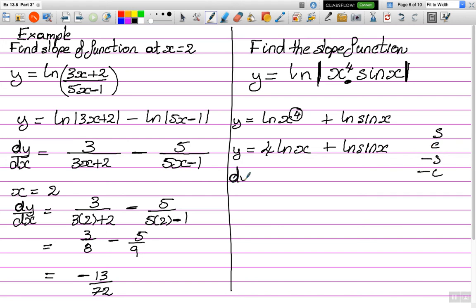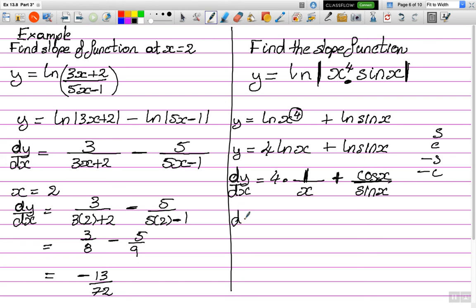Now I'm going to find the slope function, dy dx, and it's going to be equal to 4 times, how do I differentiate a log function? Whatever's inside I put on the bottom, and then I differentiate the bottom. In this case I differentiate x and get 1, and I stick that number on top. Here, whatever is inside goes onto the bottom, and the differential of sine is cos x, and that goes on top.